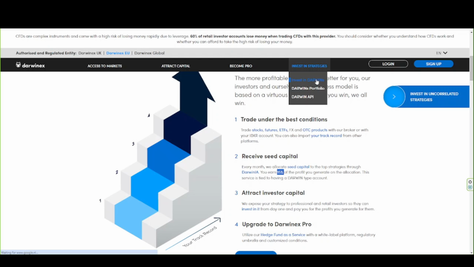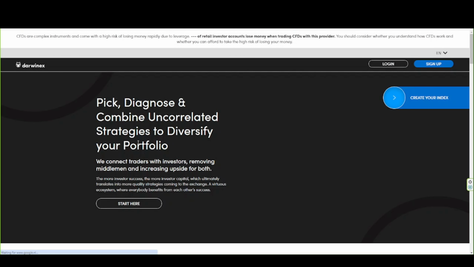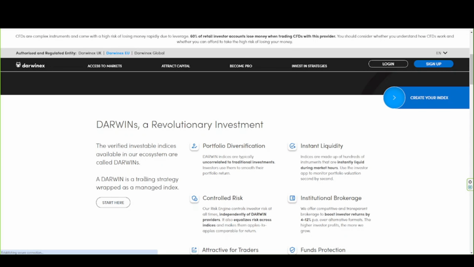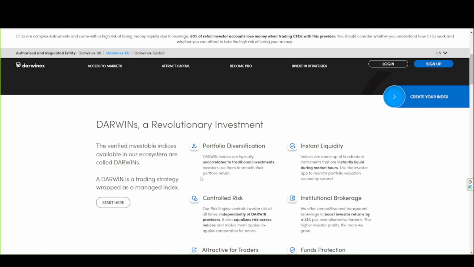We click here: pick, diagnose, and combine uncorrelated strategies to diversify. A Darwin is a trading strategy wrapped as a managed index. There's a risk engine that looks at this particular trader's data and ascertains how long their trades are, how much they risk, and what type of asset, using all sorts of statistical data to figure out how much they should risk when you take the trade.